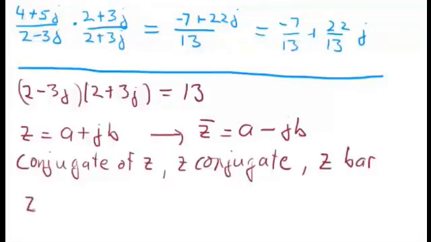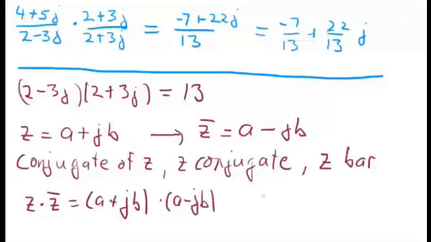If I take z times z bar, I have a plus jb times a minus jb. And for the real parts, I have a squared minus j squared b squared, which is a squared plus b squared.